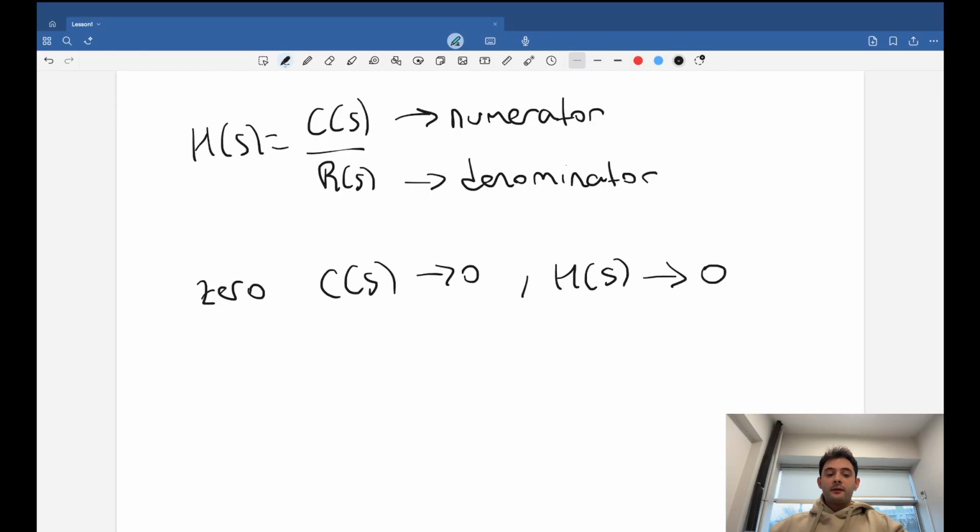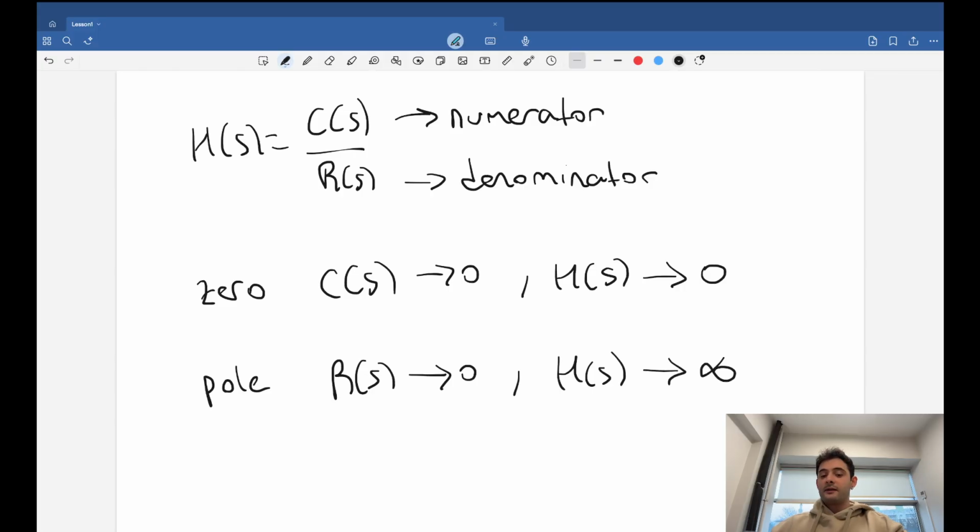In a similar manner, a pole is a value that makes R(s) go to zero and makes H(s) reach infinity, because a certain value divided by zero is infinity in theory. If you want to memorize the difference, since zero makes our H(s) go to 0, it is zero. Since a pole doesn't make H(s) go to 0, it's a pole. It leads us to infinity.